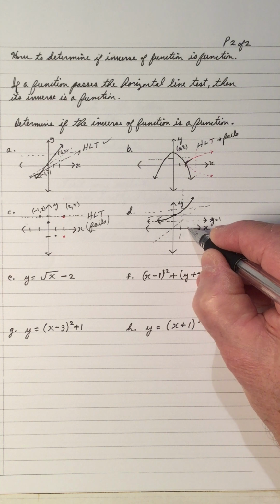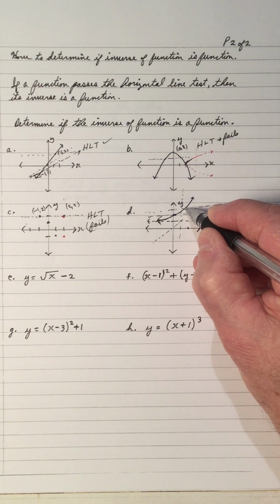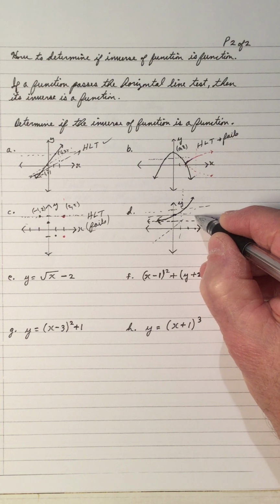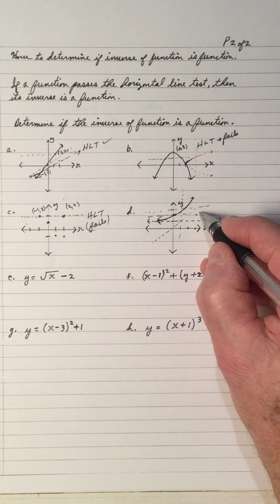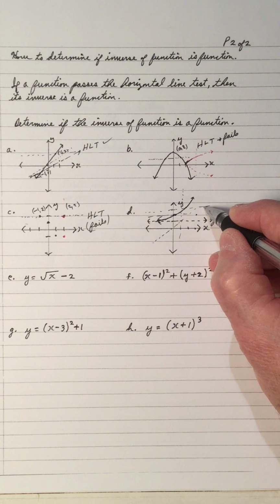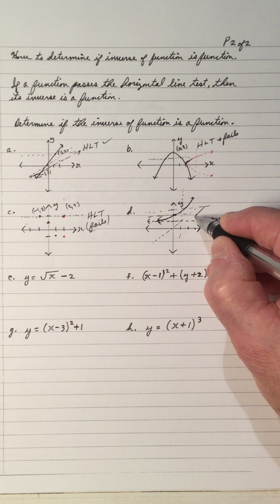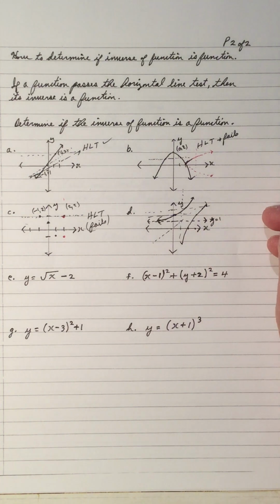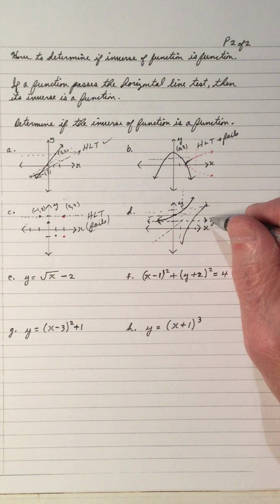Let's pretend that (2, 0) is here. This point here is (2, 3), so this is (3, 2). It goes like this. So this inverse is a function.